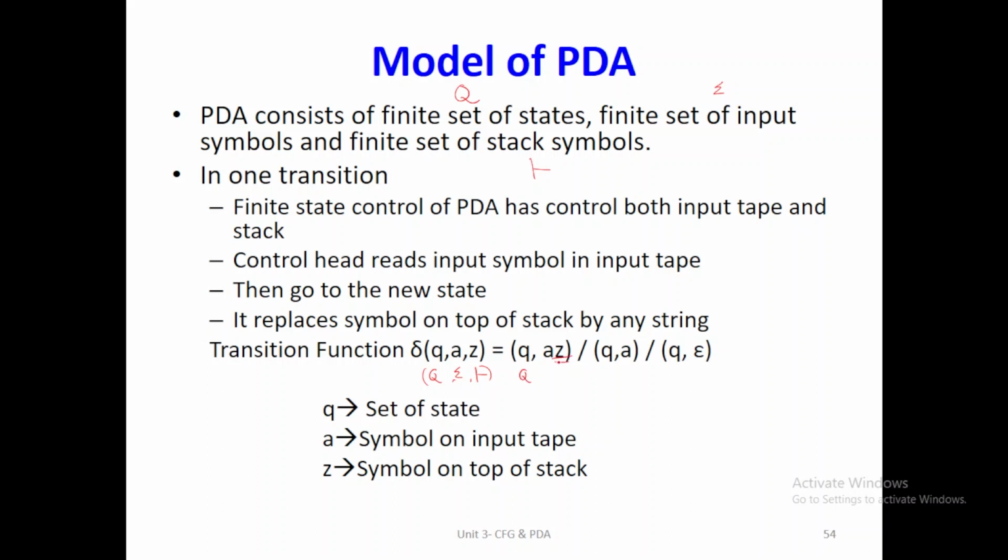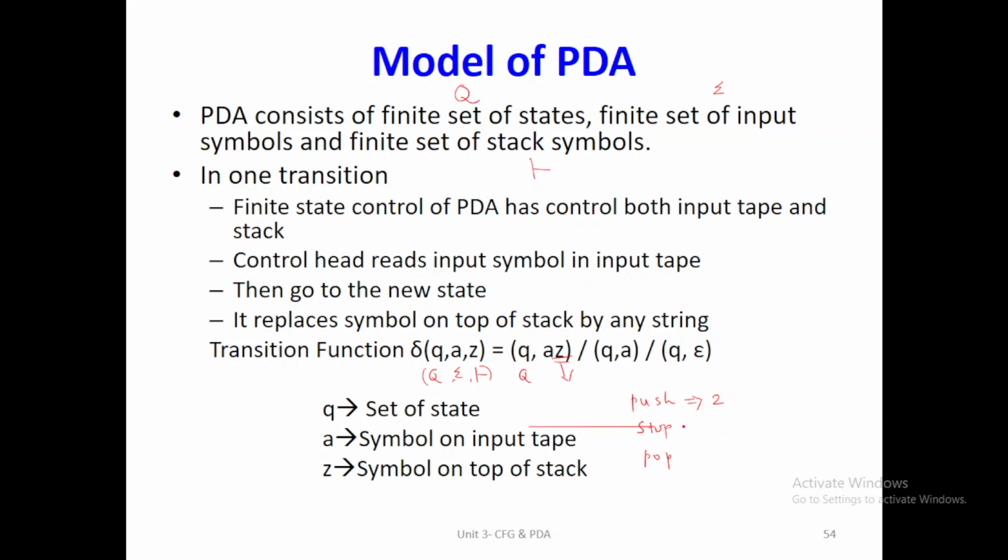And if you consider the stack, it has operations push and pop. Here three operations are available. One is the push operation, another one is the stay operation, and the third one is the pop operation. If you consider the output of a PDA, if you are using a push operation, the second parameter of the output contains two values.